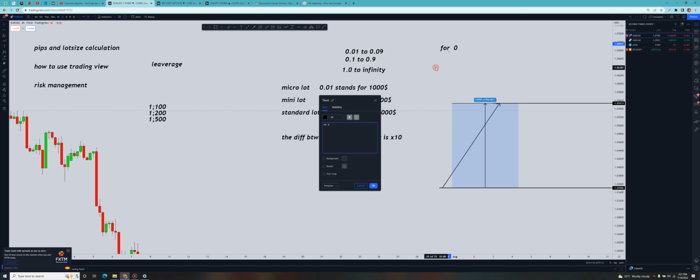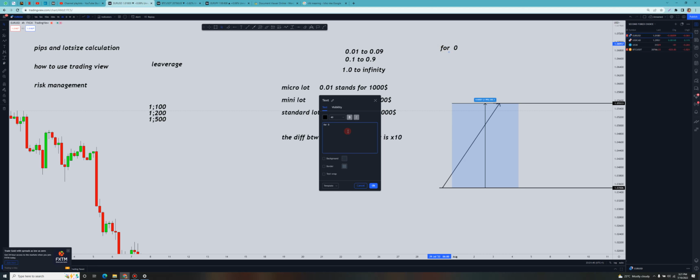Yes, I said mini lot size is from 0.1 to 0.9, that means 0.1, 0.2, 0.3. Though you can see some people use a lot size of 0.21. That's a mini and a micro. 0.21 will be $20,000 plus $1,000, that's $21,000.